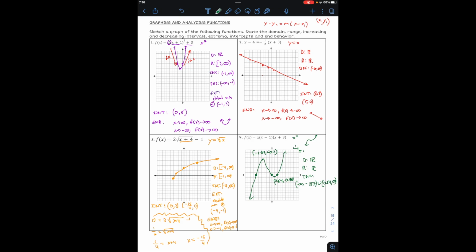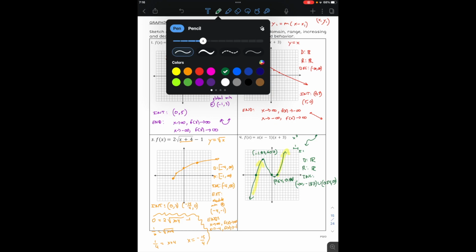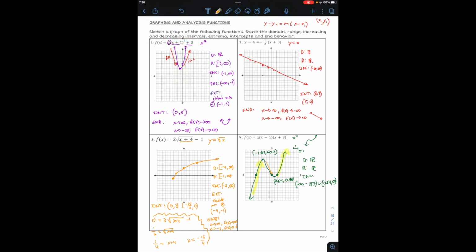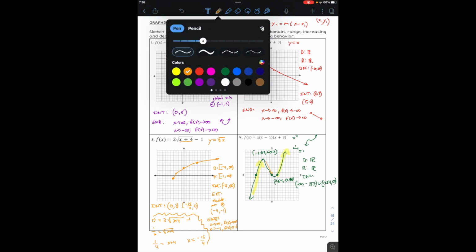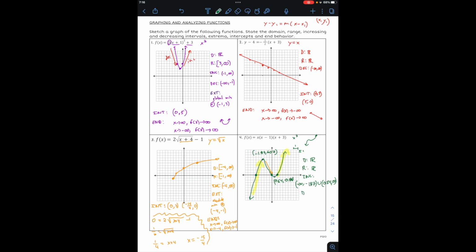So that's what I should have said for increasing, because it is increasing this way and this way. And then we are decreasing from there to the coordinate. So we are decreasing from negative 1.87 to 0.54. Remembering that the intervals we're describing are basically always based on x.